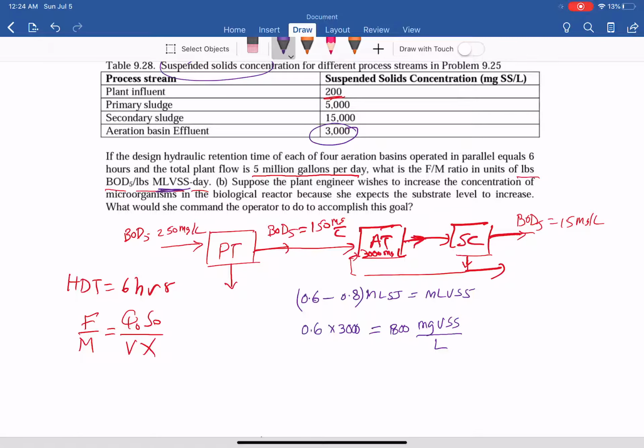So now let's find out. Now we know the equation. What is the F over M ratio? So F over M is equal to, what's Q naught?